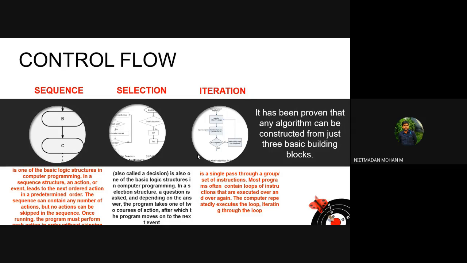Commonly you have heard the term looping statement. It executes continuously until the condition becomes false. If the loop condition is true, it is continuously executed. If the loop condition is false, the program or subprogram will be terminated.